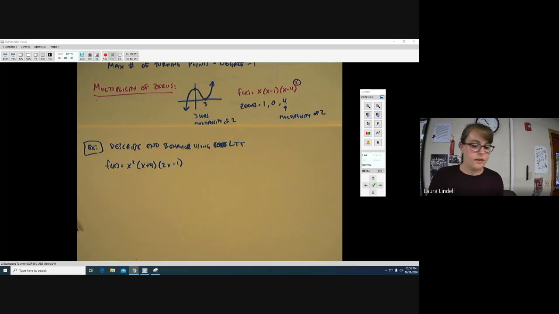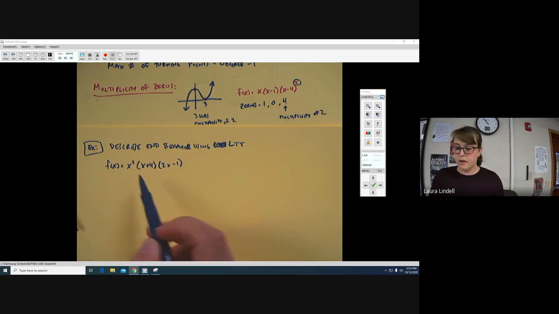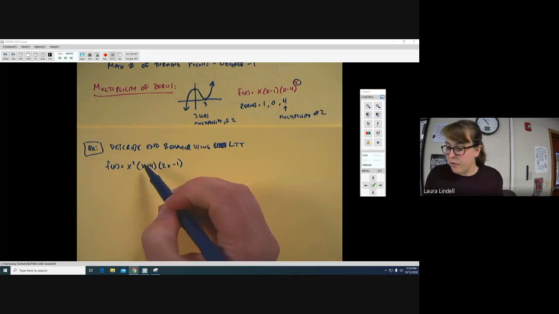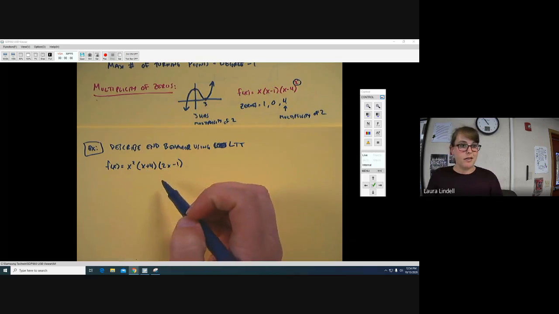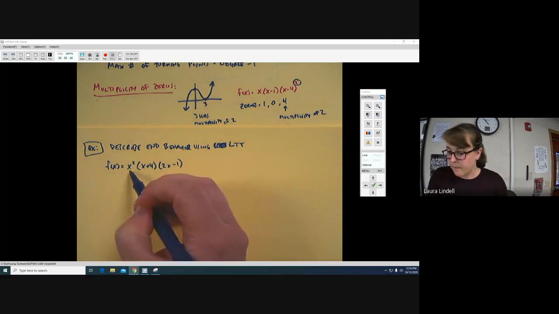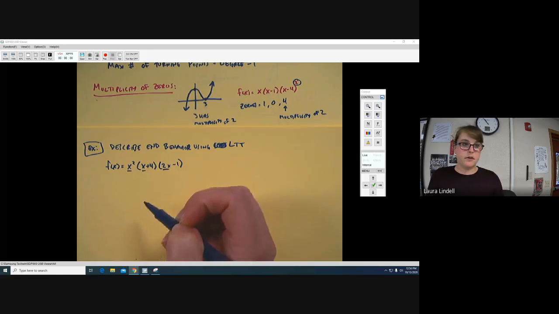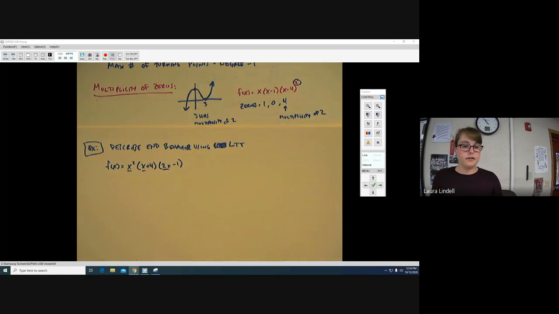So for this one, the leading coefficient and the degree aren't immediately obvious from the function itself. So to figure out what the leading term is going to be, you could go through and multiply all of these things together, or you could focus on the highest power of x from each of those and multiply those together, since we know those will be multiplied in.